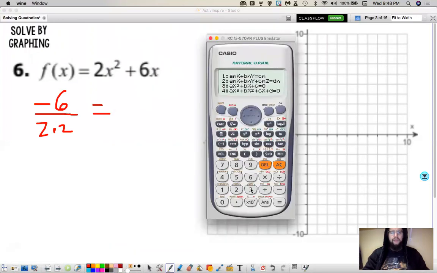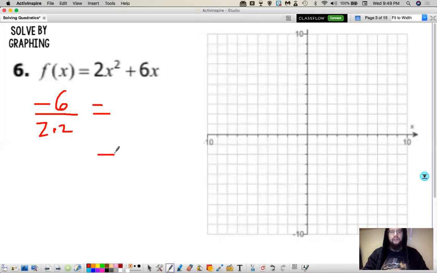Mode 5, 3, 2, 6, and 0. Negative 3, 0. So negative 3 halves, negative 9 halves. Okay, so negative 3 halves, negative 9 halves would be my vertex.